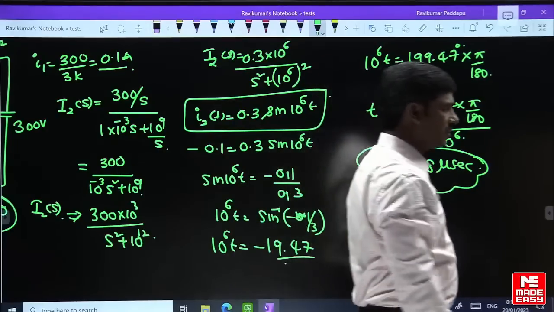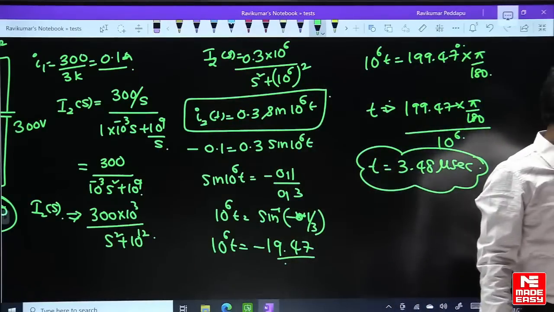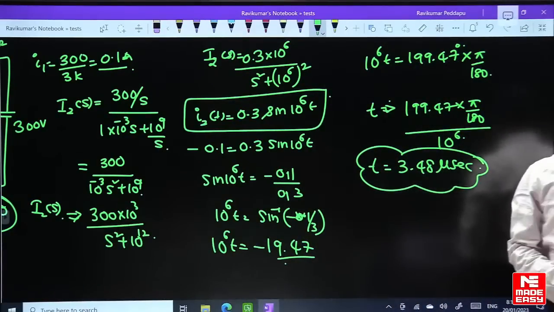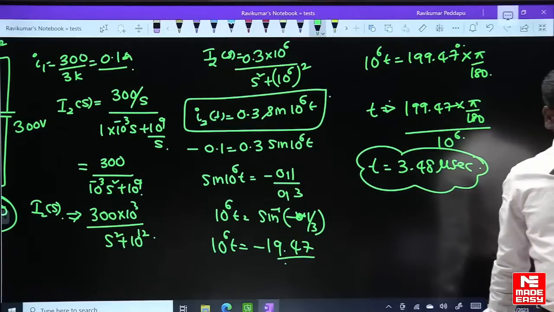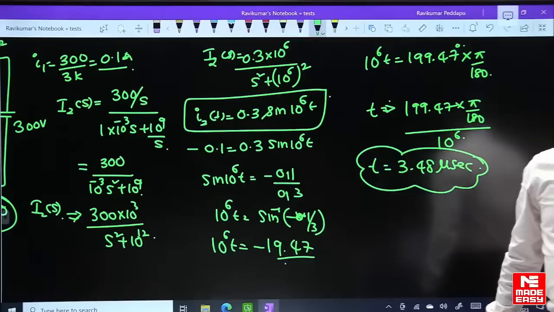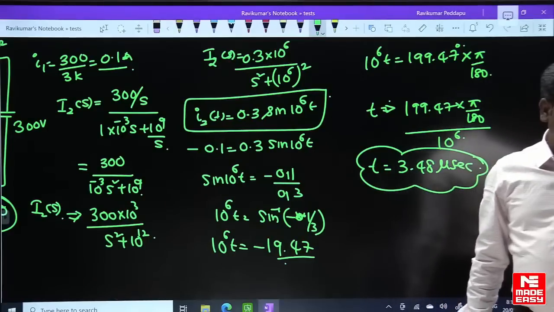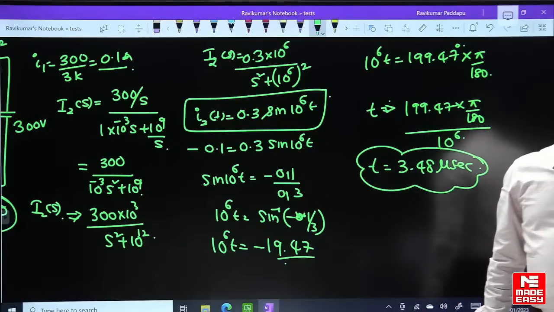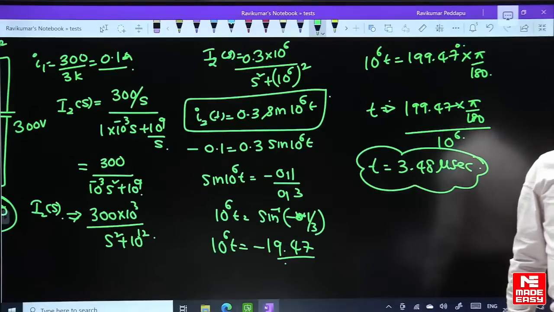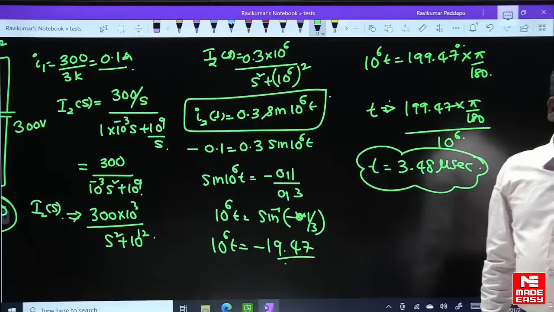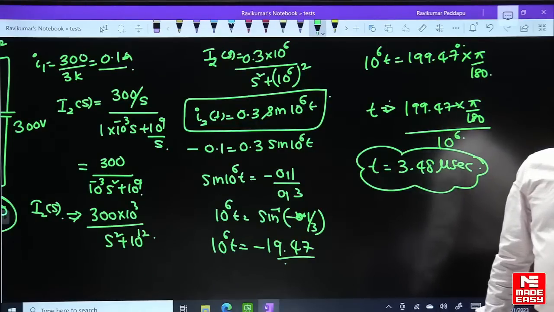Just check it. t is equal to 3.48 microseconds. How many of you know 0.34 microseconds is not a correct answer? Ajay Kumar has given the correct answer 3.48. Geeta Rani has given the correct answer 3.48.